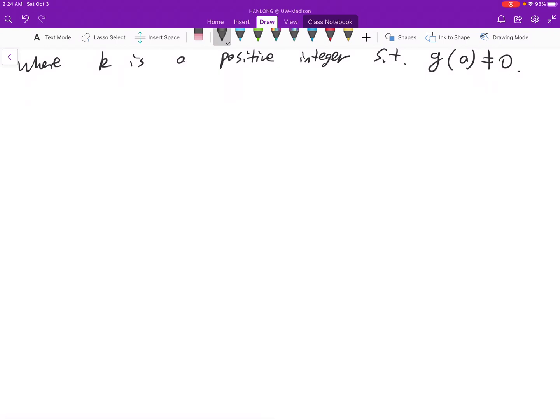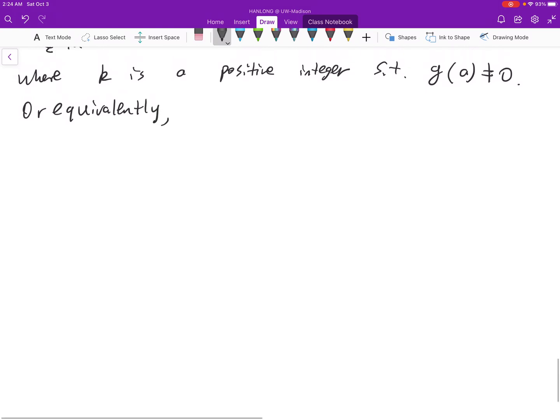Or equivalently, we have dk is different from 0 and dn is 0 for n between 0 and k.